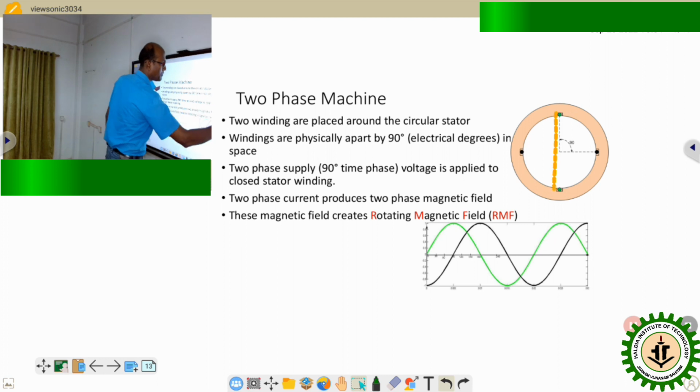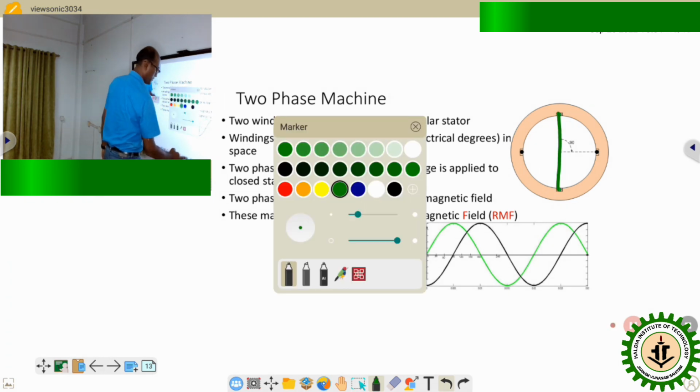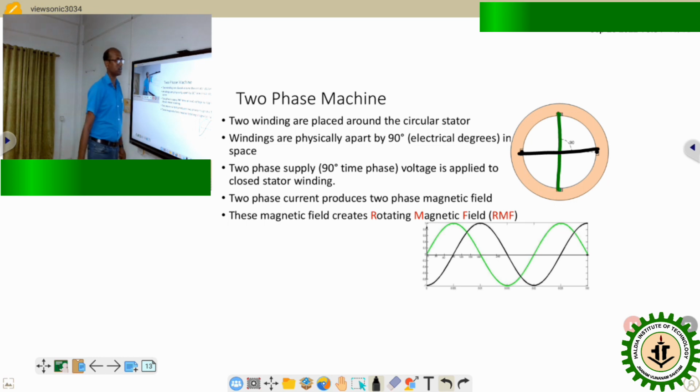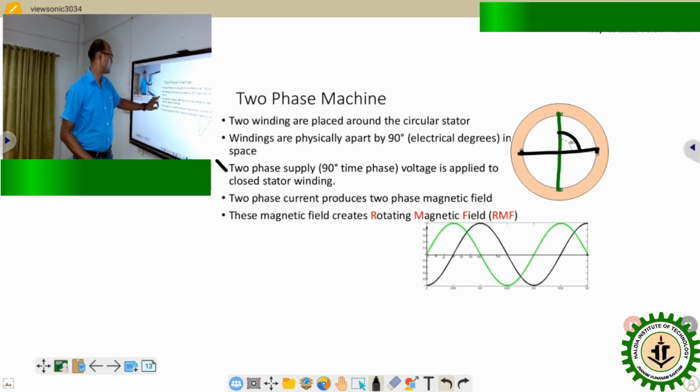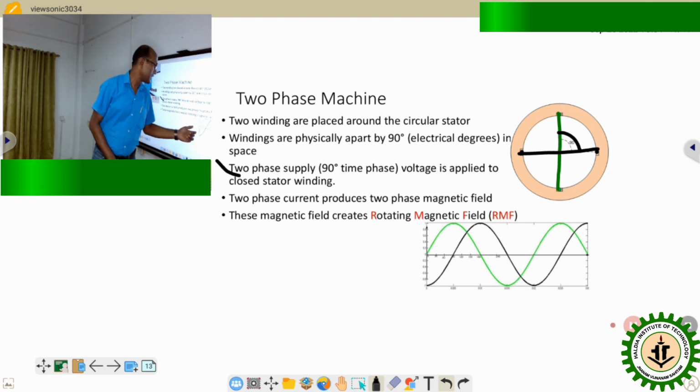One of the phases is placed like this, and the other phase is placed 90 degrees with respect to it. The first phase is the green one along that axis, and the second phase is 90 degrees apart. Their corresponding currents are also 90 degrees apart.